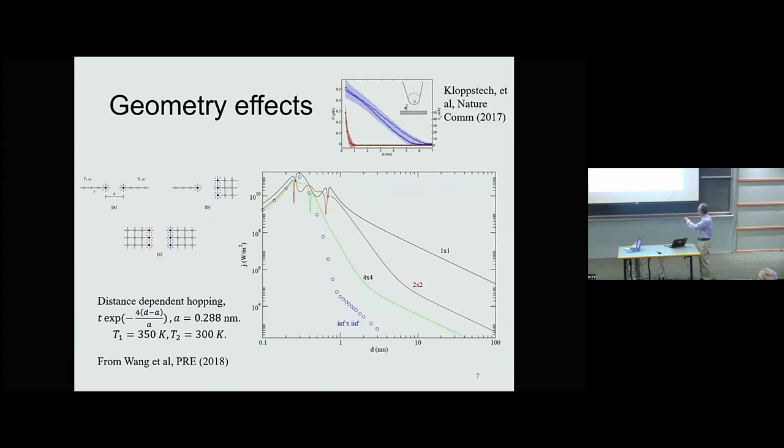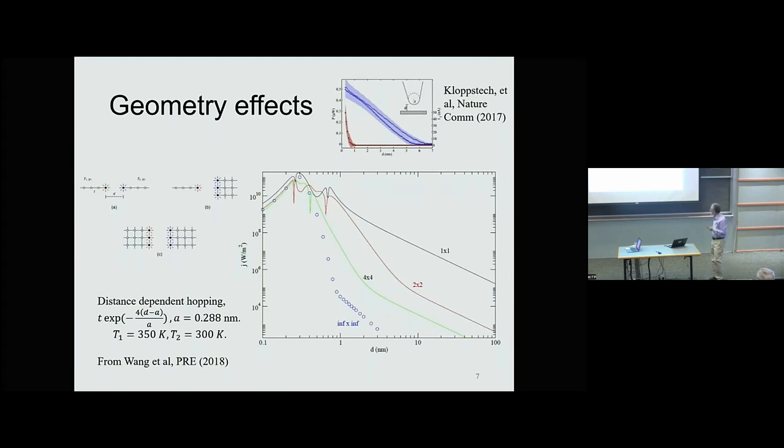The reason is that we try to compare with the parallel plate result. If you increase to 2 by 2 and so on, it decreases, and eventually when you get to infinity by infinity, which we calculate in k-space, you get a much smaller value, decreasing by maybe 3 or 4 orders of magnitude.